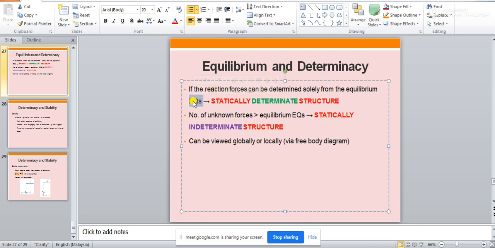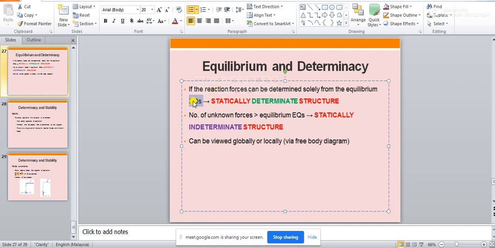So if the unknown reaction components in a 3D structure are 6, you should be able to solve the structure using the available equations of equilibrium, and in that case that three-dimensional structure will also be called a statically determinate structure.